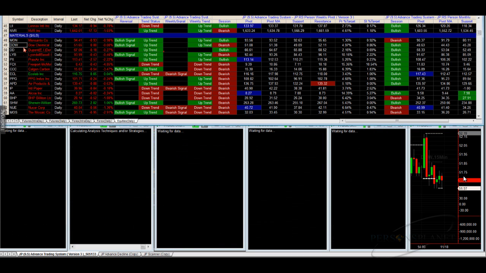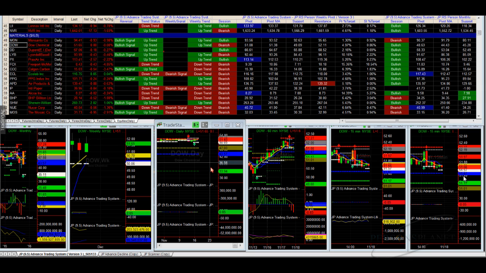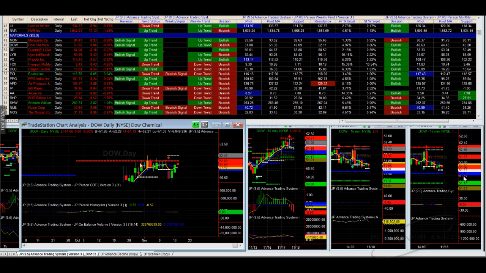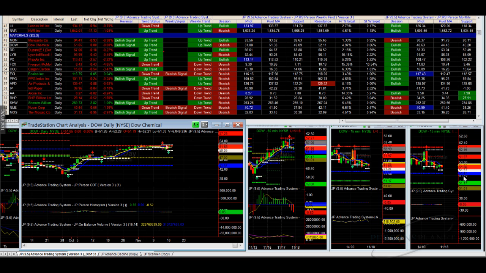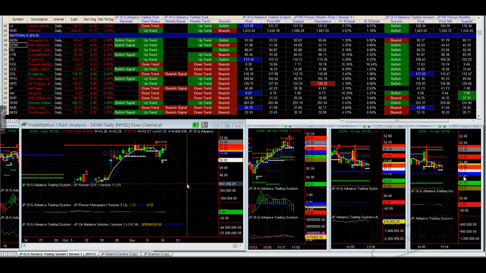I'm just going to selfishly look at Dow Chemical. The problem with Dow Chemical is, if we expand this up, it's trading against a pivot resistance. It's just stalling, buying time. Yes, it's generating a buy signal at resistance.